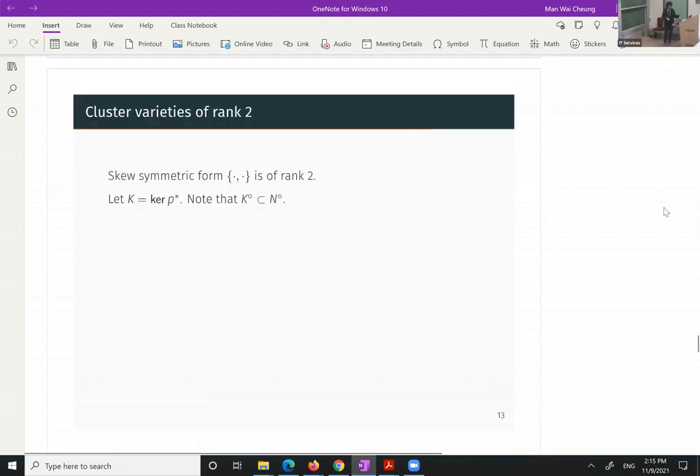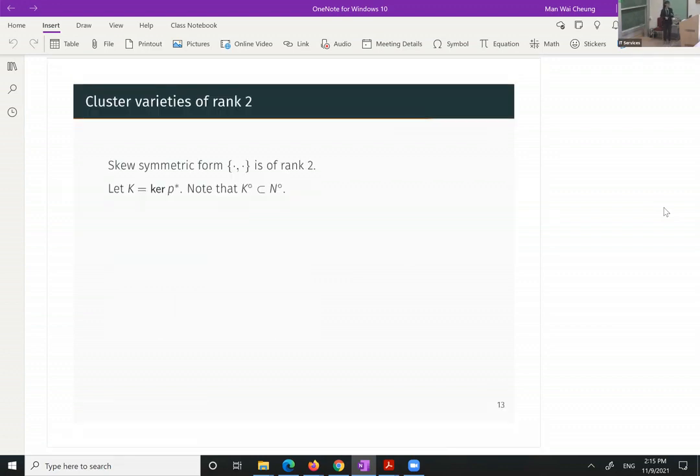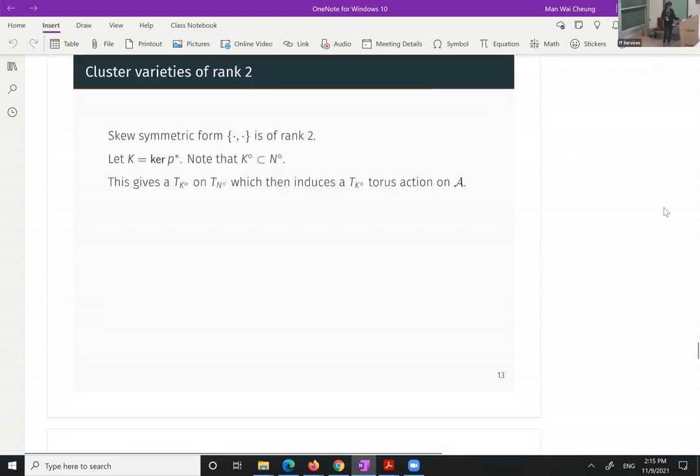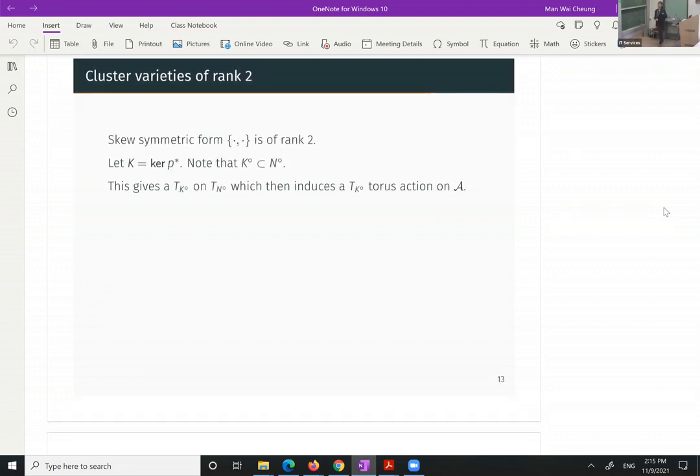So what Sam, Hansol, and Yu-shen and I do is we look at the rank 2 case. What we mean by rank 2 here is not dimension 2. The rank 2 here is that the skew-symmetric form is of rank 2. So we look at the kernel of the skew-symmetric form, and then the kernel will give a torus action on the tori we have.